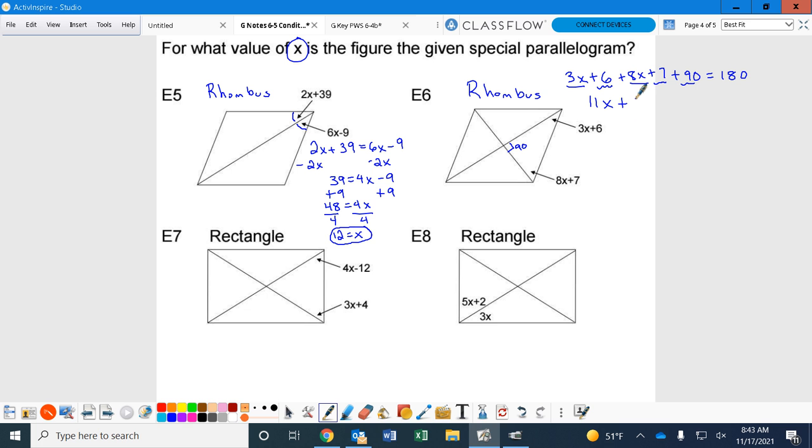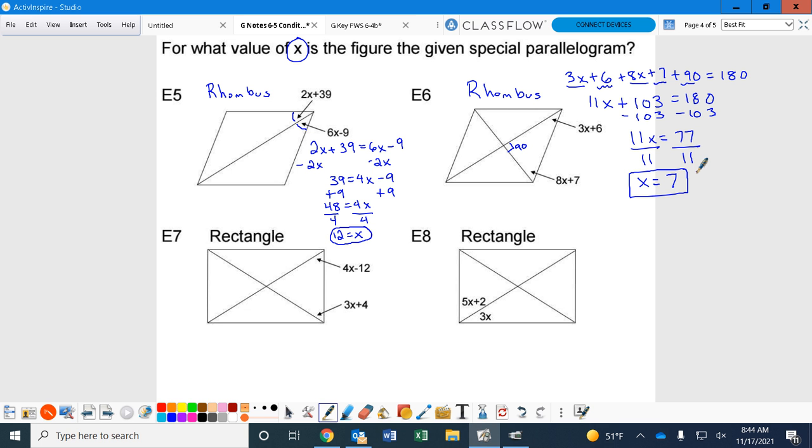What was it? Equals 180. Minus 103. Minus 103. Ooh, good. The math is nice then. 11x equals, guys, 180 minus 103 would be 77, which means when you divide by 11, x is equal to 7. Nice. Okay.